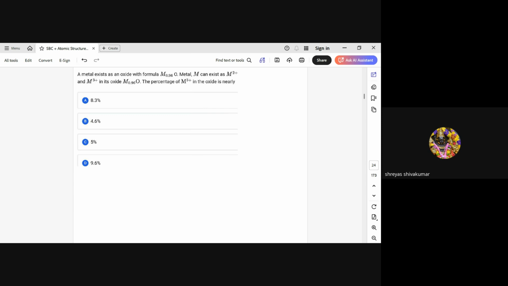Then we use the fact that the overall charge in the oxide will be 0. If you solve that equation, you will get x as 0.88, and then you subtract it from 0.96. So you'll get 0.08, and you find the percentage of M3+ by using 0.08 by 0.96 into 100.